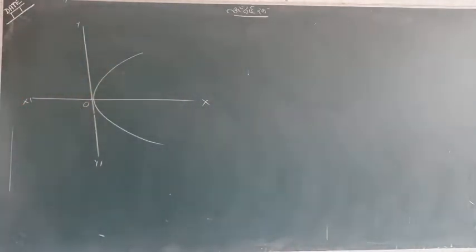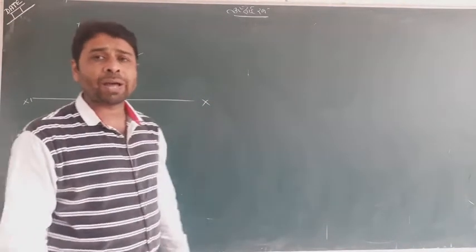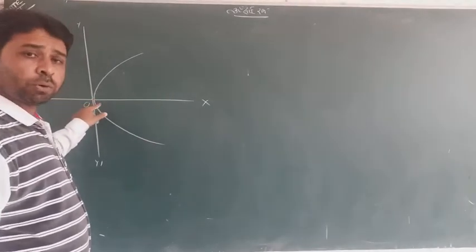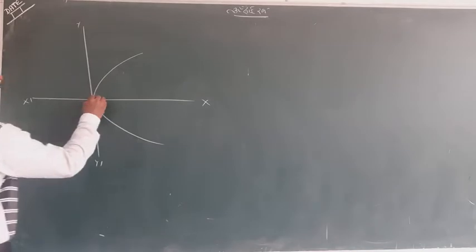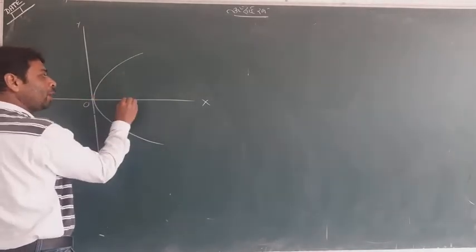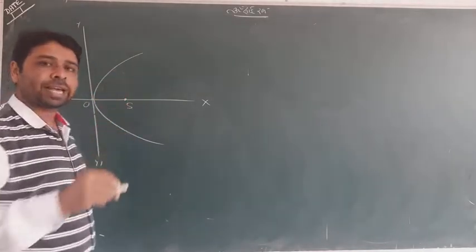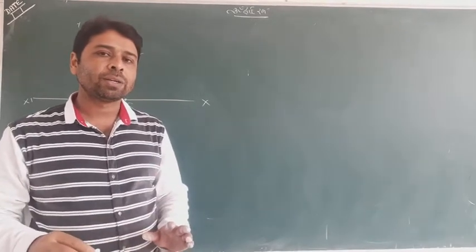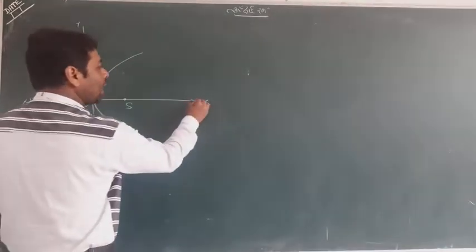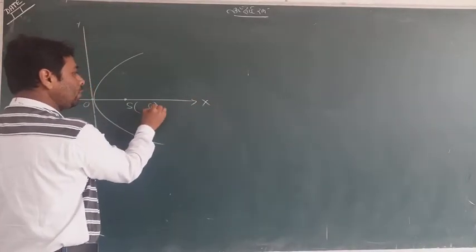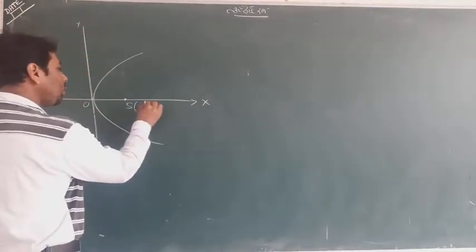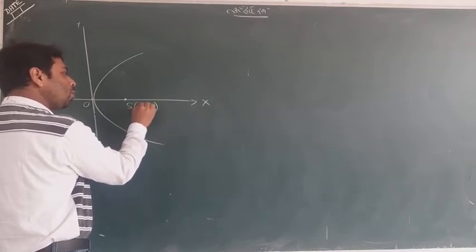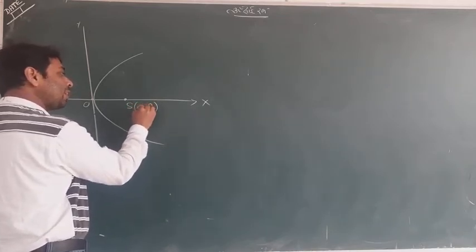So first of all, the first parabola I have taken here. This is the parabola whose vertex is the origin point, and you should know that inside the parabola we always have one point S called the focus. Remember that this time it is on the x-axis, so the y coordinate will be 0. Initially the x coordinate of S is taken as a.